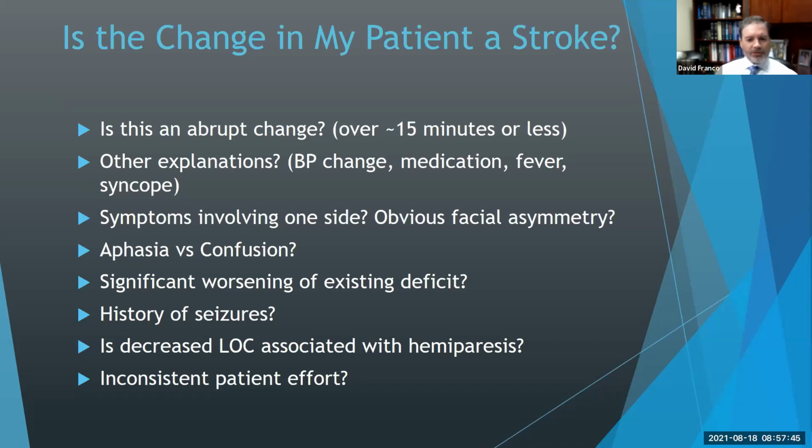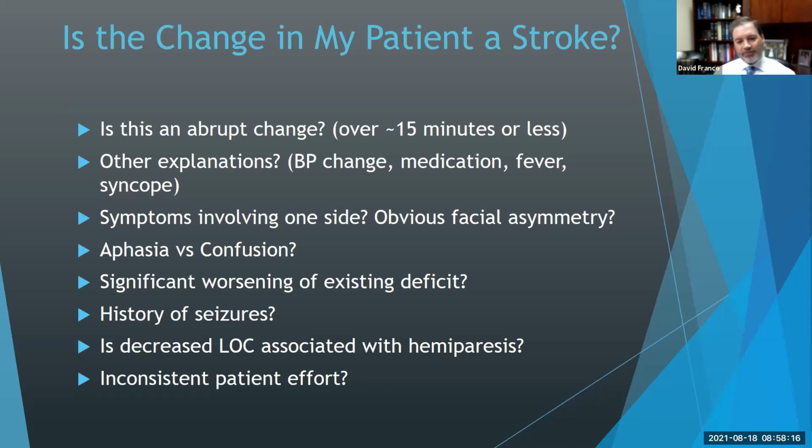And then one side note, but an important one, is the patient really being genuine in their effort and in their ability to follow commands, or are we dealing with a psychological disorder such as a conversion disorder, where the patient really isn't trying to fake a deficit or to mislead us, but they really don't have the ability to move that side?